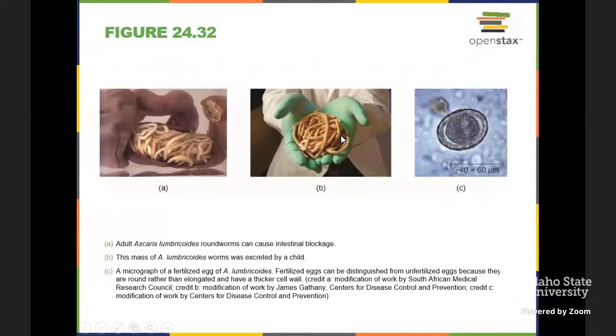Here are some worms that have been collected from a child after some antihelminthic drugs, and the eggs from this worm that are what's infective. So, contamination: ingestion of these eggs. They do not replicate and create more worms within you. They reproduce and release the eggs out.